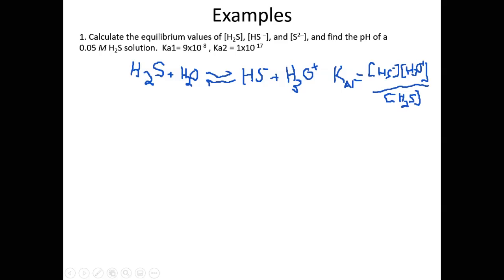And then we have the second step, and I'll draw it down here. HS minus plus H3O plus equals S2 minus, oh snap, made a boo-boo. It should be H2O, not H3O plus.